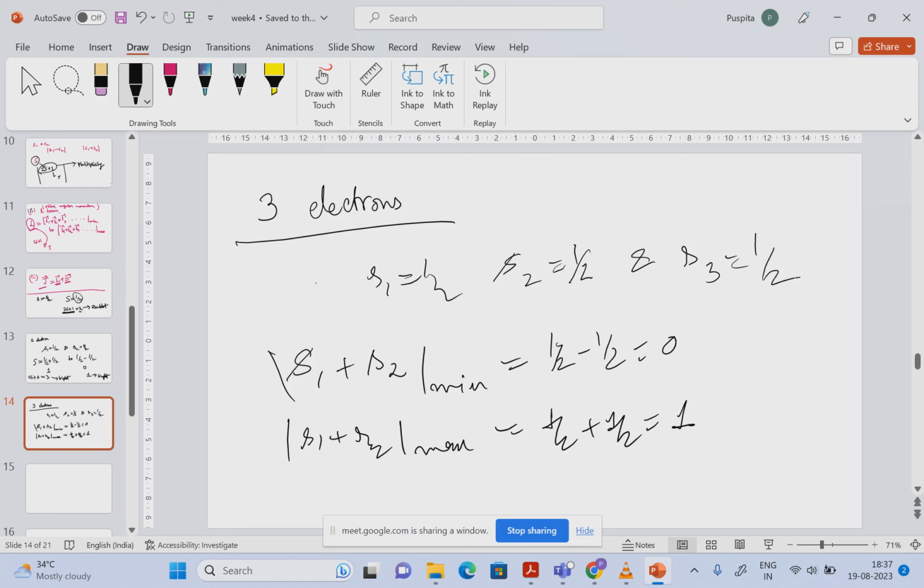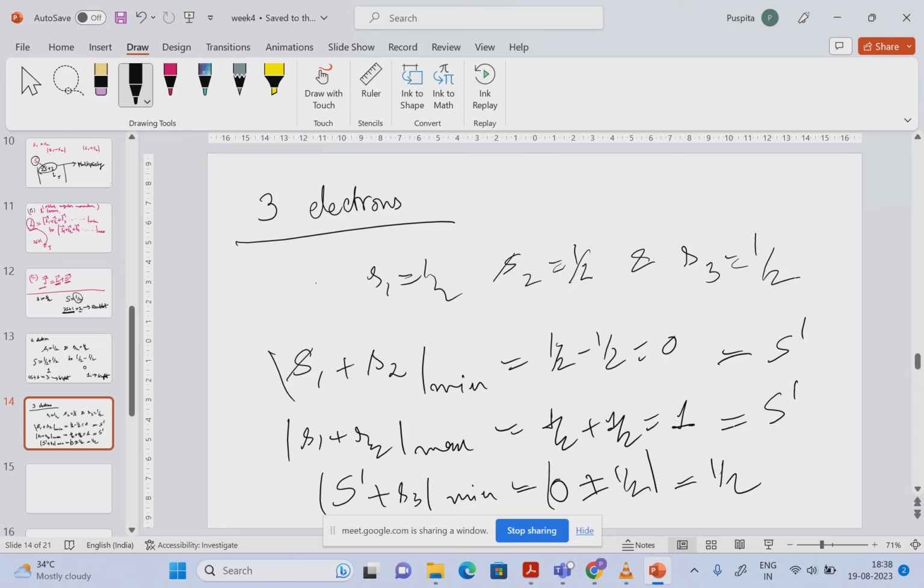Then let's call it S dash. So now we will obtain S dash plus s3 minimum, which can be 0 plus or minus half, and minus half, it's like spin up. If plus half is spin up, minus half is spin down, so it is half.